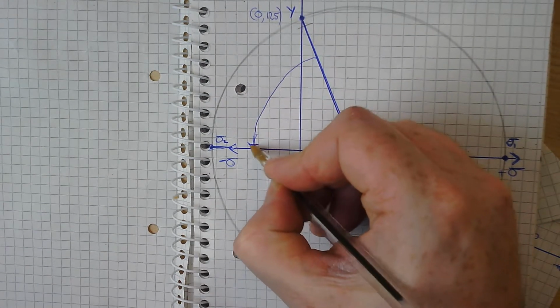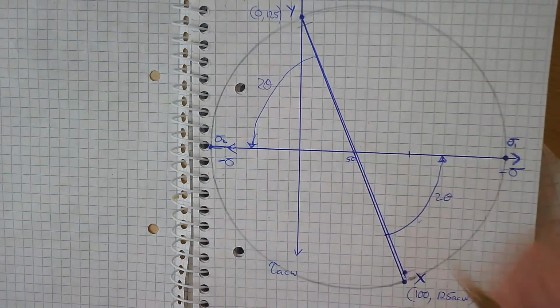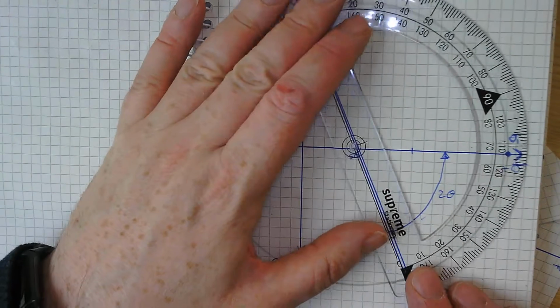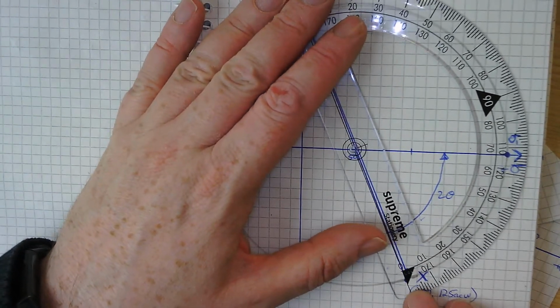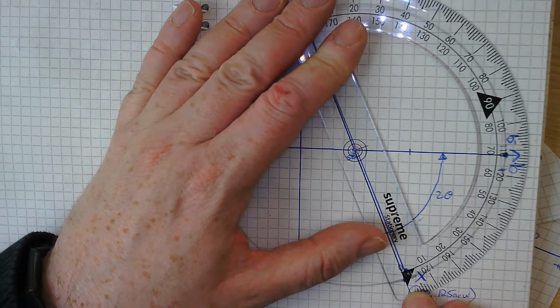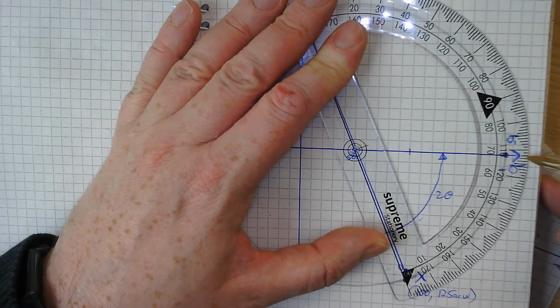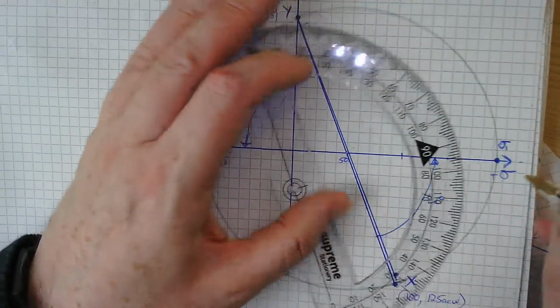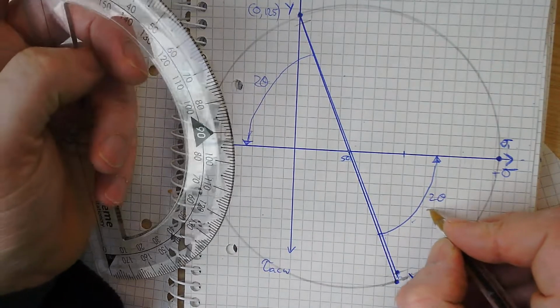So that's also 2 theta. Okay? And you can pop down your protractor and measure what that is. That is about 68, yeah. So that's 2 theta is about 68 degrees.